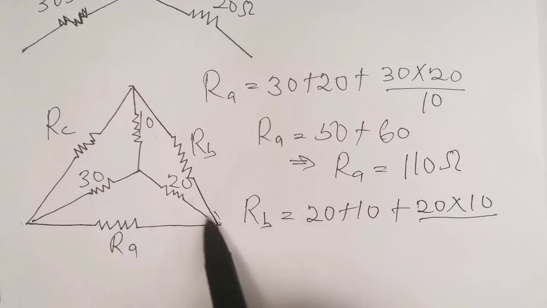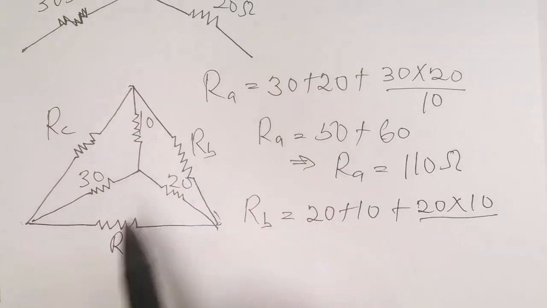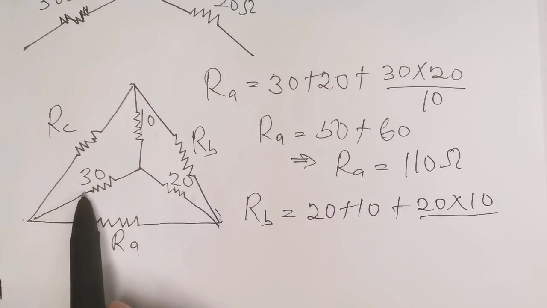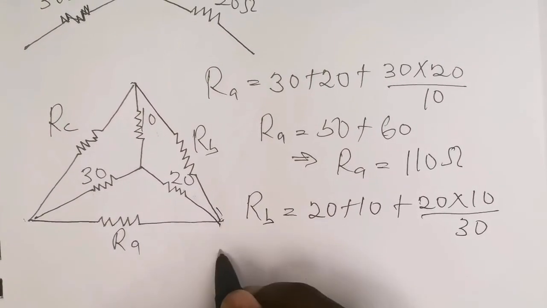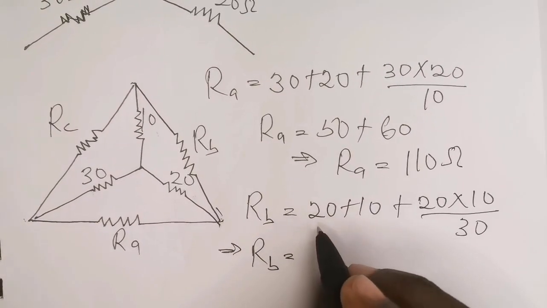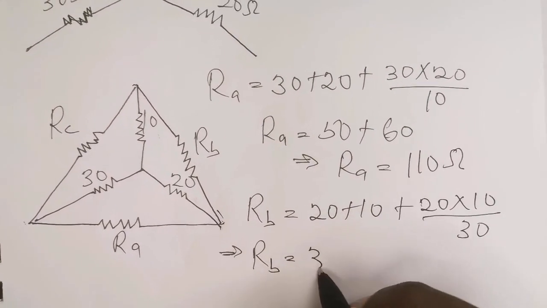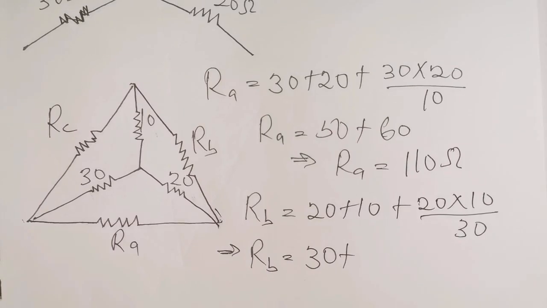This is a complete triangle with RB. The resistor which is not part of this triangle is the 30 ohm resistor, so we divide by 30. This implies that RB is equal to 20 plus 10, which gives us 30, plus 20 times 10 divided by 30.